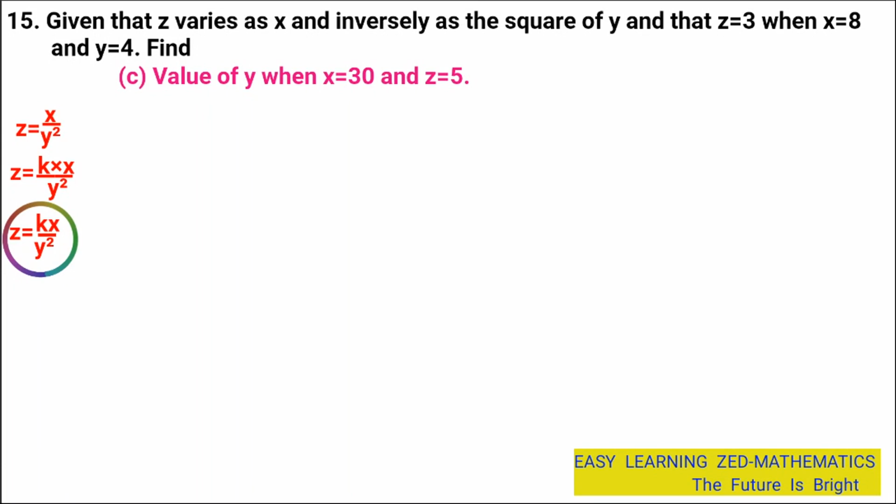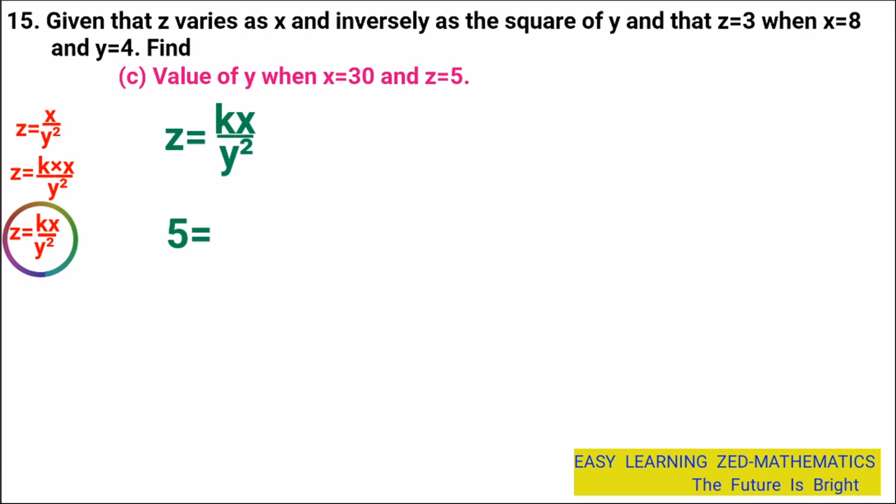Okay, so question number C under 15 was find the value of y when x is equal to 30 and z is equal to 5. So I'm going to write the same formula, which is z is equal to kx over y squared.